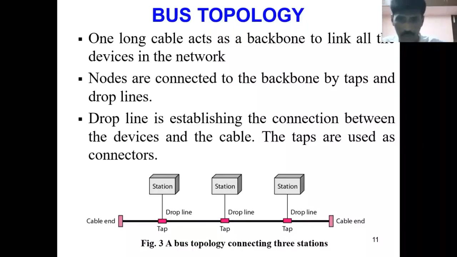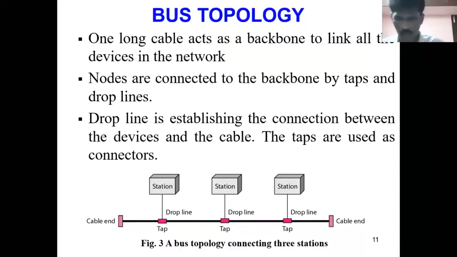Nodes, meaning a station or device, are connected to the backbone by taps and drop lines. A drop line establishes the connection between the device and the cable. The taps are used as the connectors. So this is the bus topology structure.